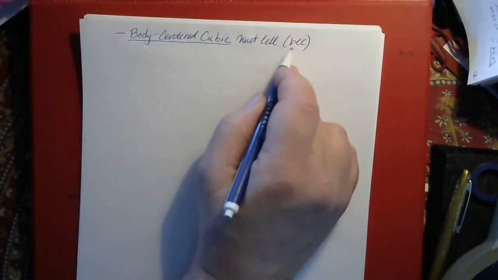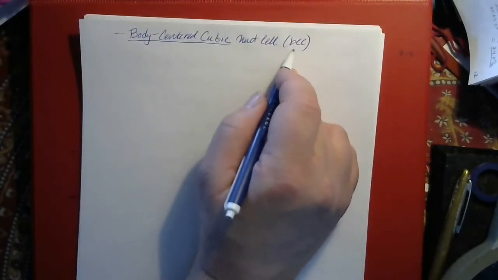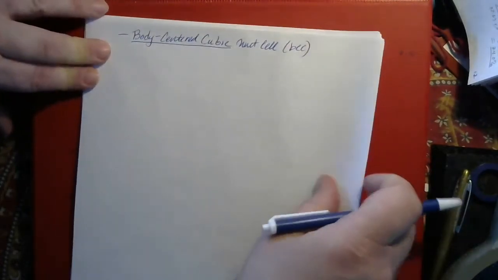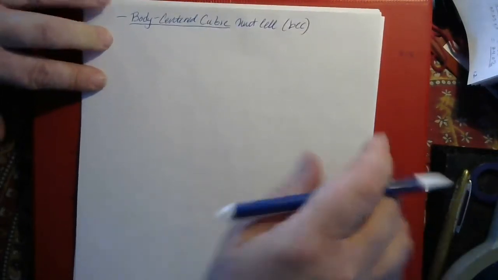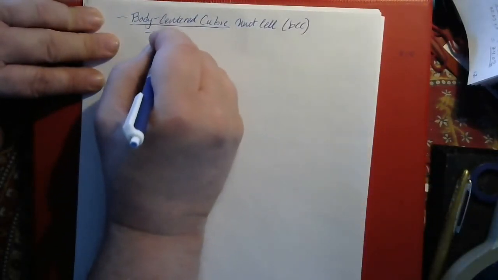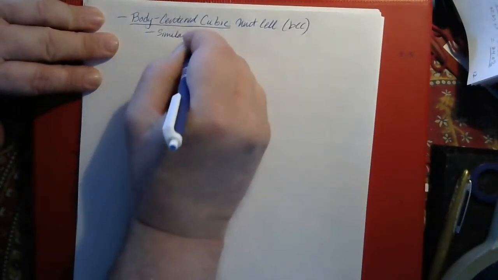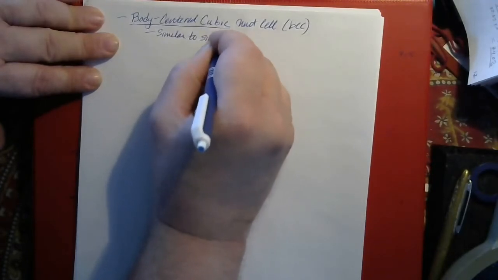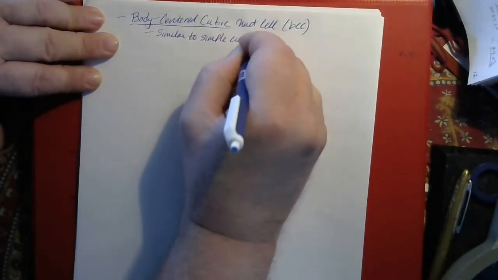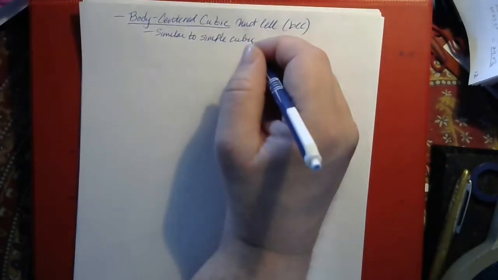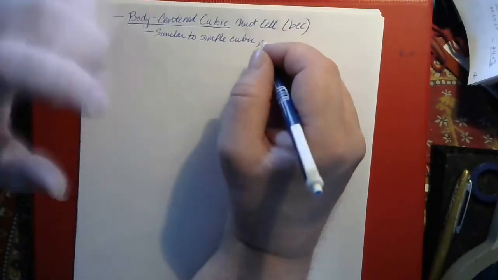Sometimes abbreviated as BCC. Okay, this is similar to the simple cubic, but there is a whole atom at the center of the cube.